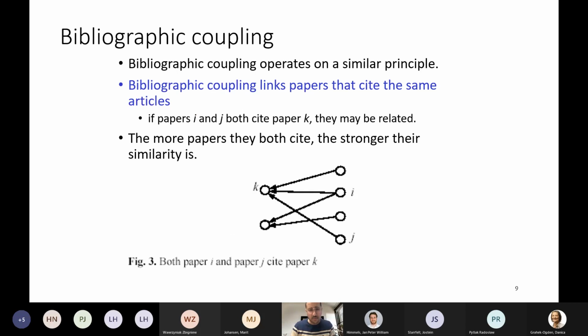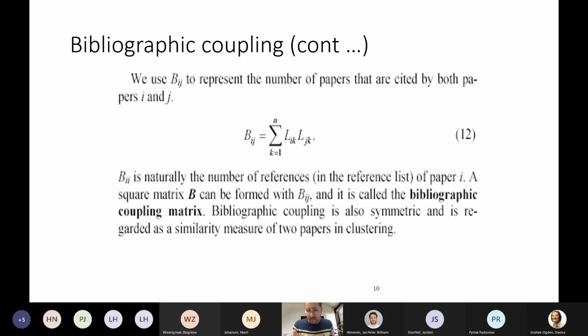And there is also bibliographic coupling. 2 papers are coupled by bibliography if they cite the same articles. So here i and j cite the same article K, so they might be related in some sense. And this is a formula for finding this coupling based on the citation matrix.